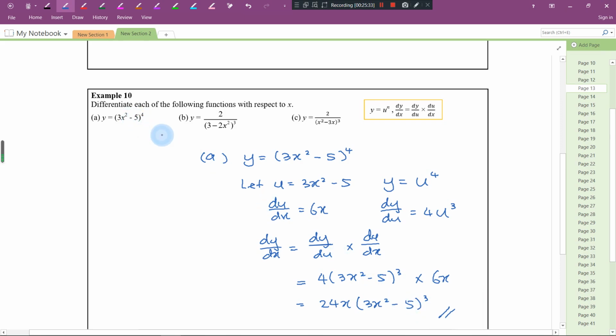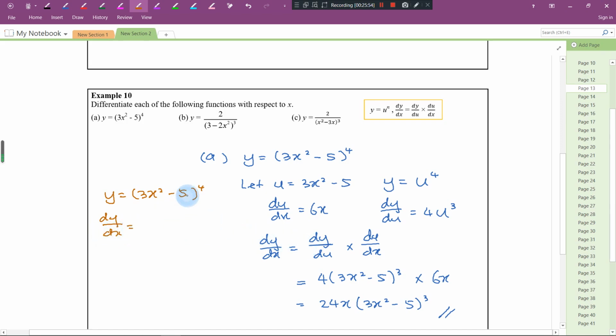But normally, when we are very familiar with this, we don't have to do it this way. Normally I do it this way. y equal to 3x squared minus 5 raised to the power of 4. I just go straight to dy/dx.